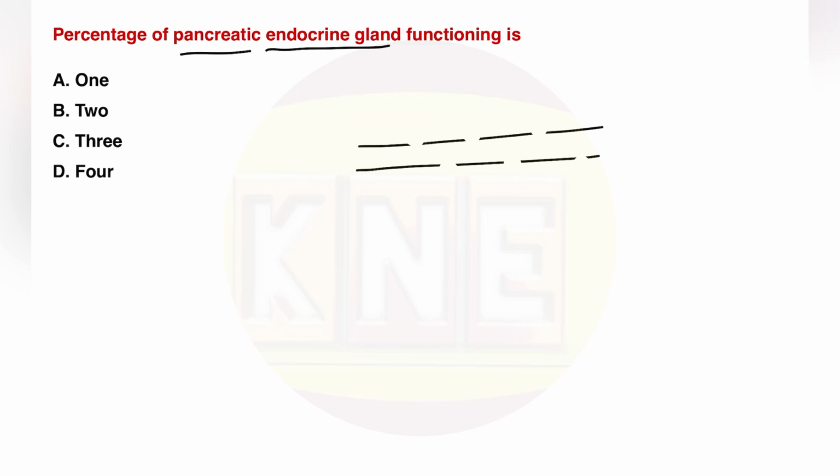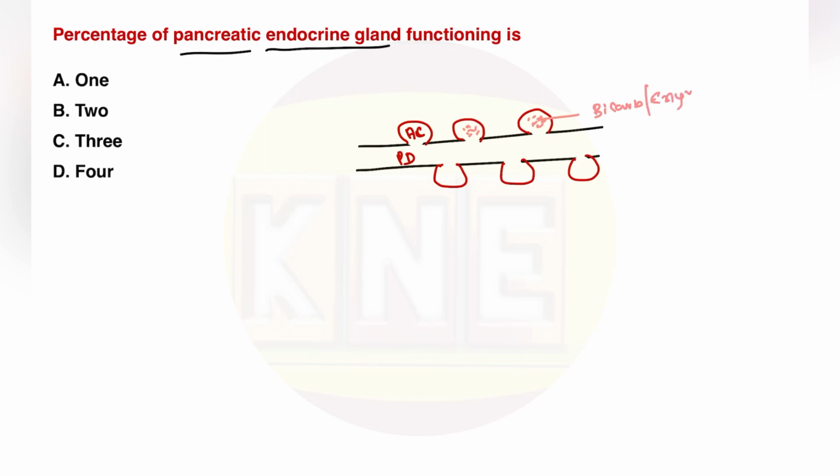These ductular cells are nothing but the acinar cells. See, this is the pancreatic duct, and these are the acinar cells. The acinar cells contain the pancreatic enzymes and bicarbonate.